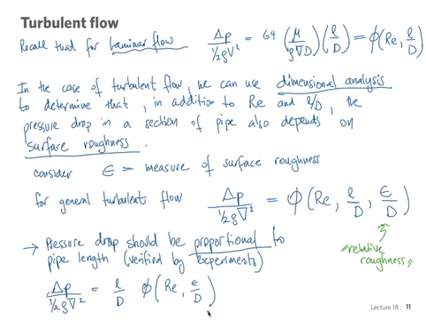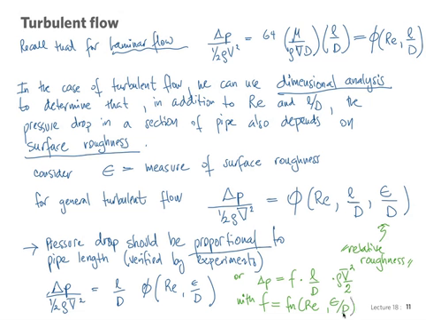We could also express this in terms of an unknown friction factor. Delta P is equal to F times L over D times rho v squared over 2, just like before, but the friction factor now, F, has to be a function of Reynolds number and epsilon over D.